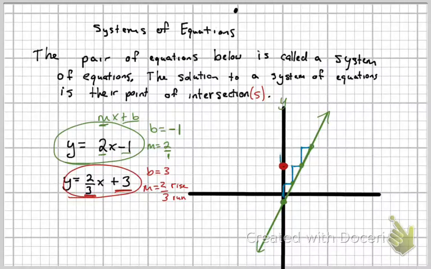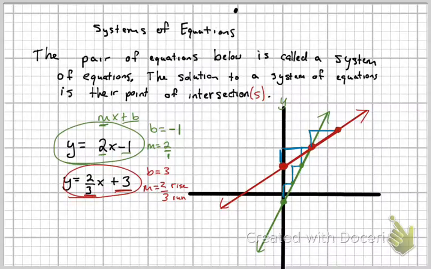So from our starting point, we're going to go up 2, right 3. We can see that we've already got a point where they're intersecting. So we're going to draw a straight line as perfectly straight as we can, and that gives us our straight line for the second equation, the 2/3x plus 3.